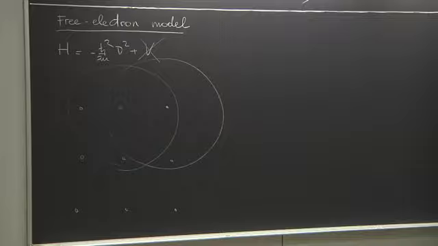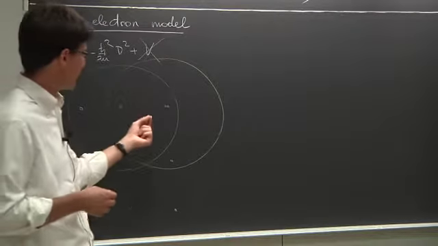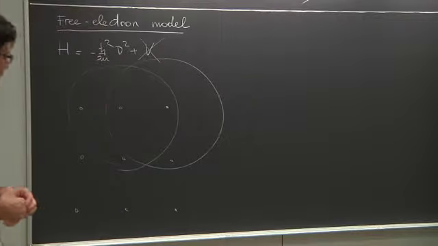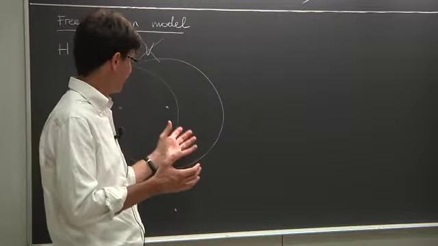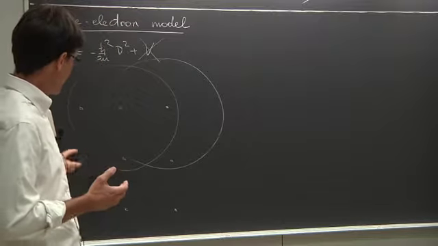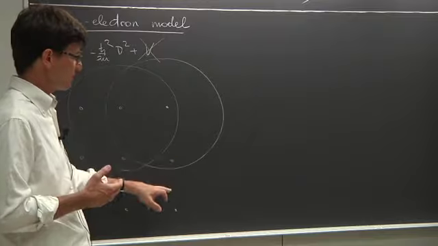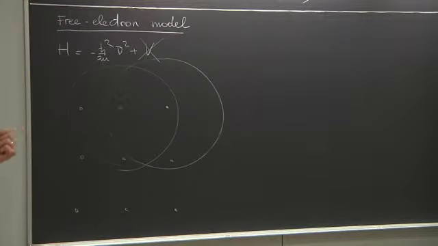Connected to that, of course, is the fact that these systems have a very low ionization potential, which means that the electrons can be stripped away from their nuclei with very little energy. And connected to that is also the fact that these electronic clouds are very polarizable, very easy to distort, and therefore the interaction with the nuclei that each electron sees is going to be screened very effectively by the presence of the other electrons.